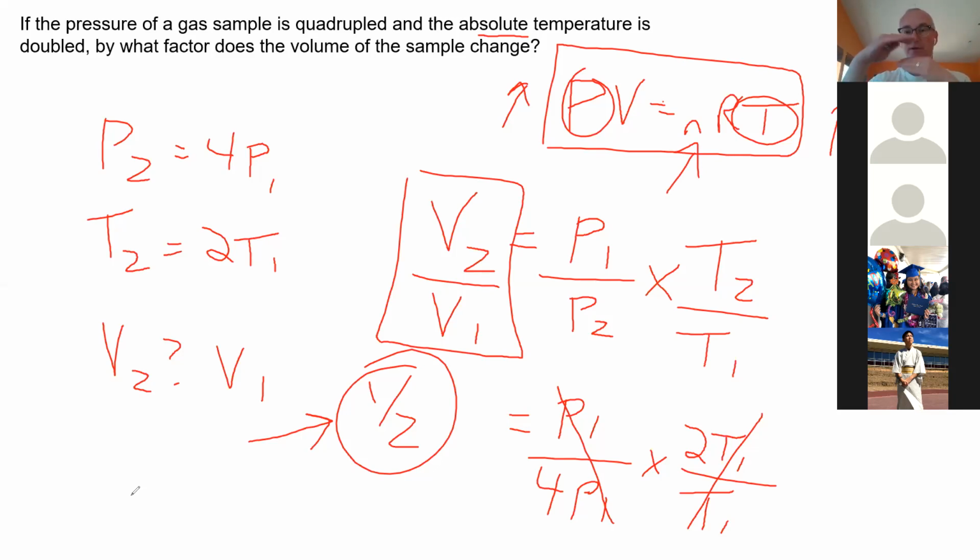You're changing the volume, you know what the relationship is, or you're changing the temperature, you know what the relationship is. Really, the only time we need to use R is when we have an absolute amount of gas, and it's like, oh, right, okay, now I need to plug R in there somewhere. But if it's just relative changes from one condition to another, you don't even need R.